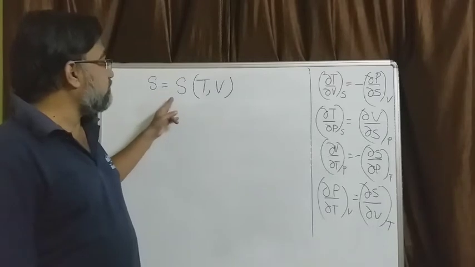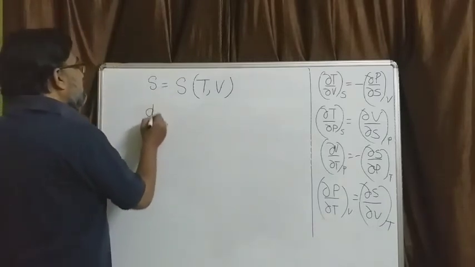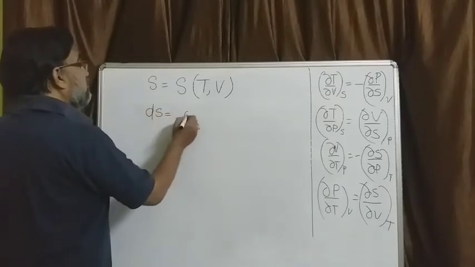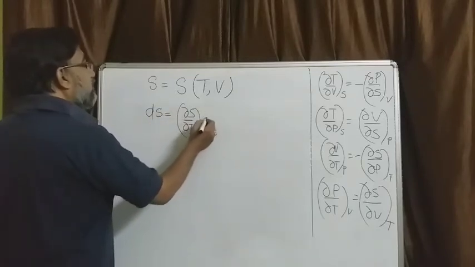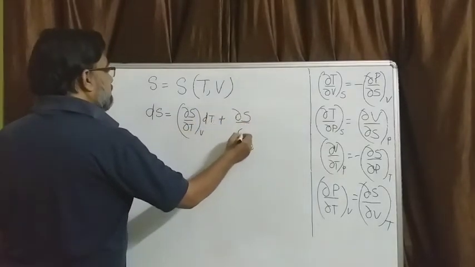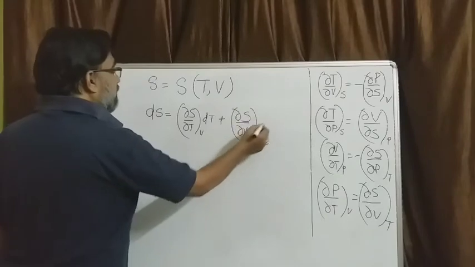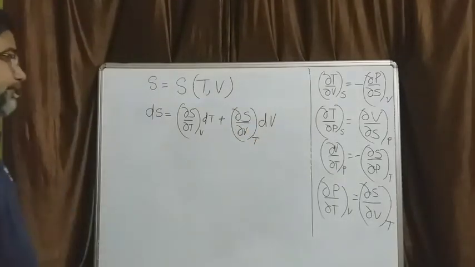So this derivation starts from this. Now ds therefore is, you know, partial differentiation. So del s del t v dt plus del s del v t dv.